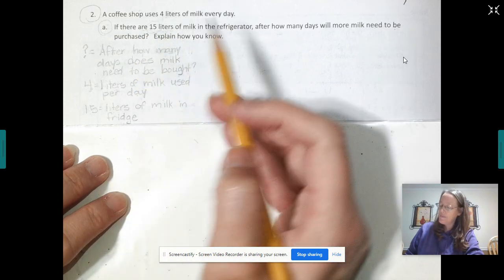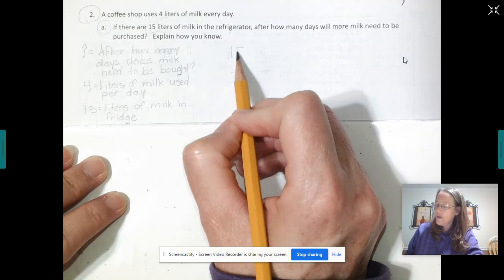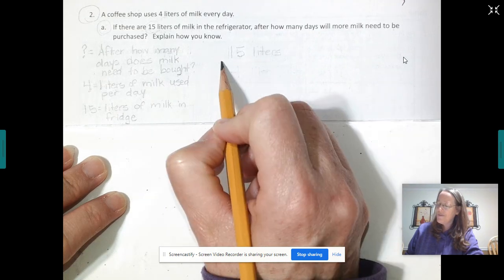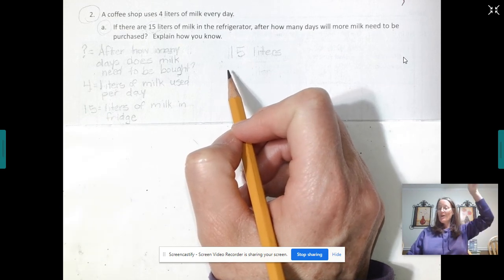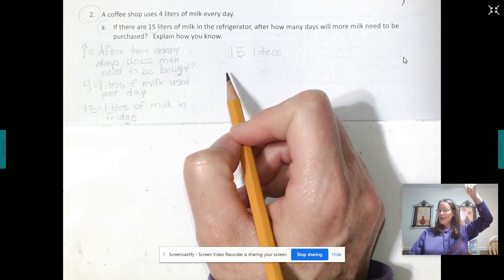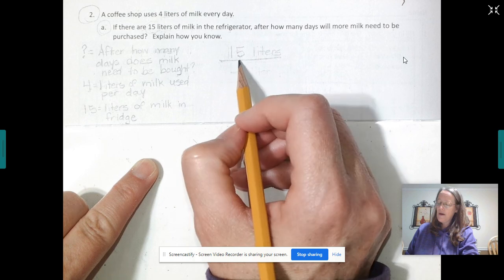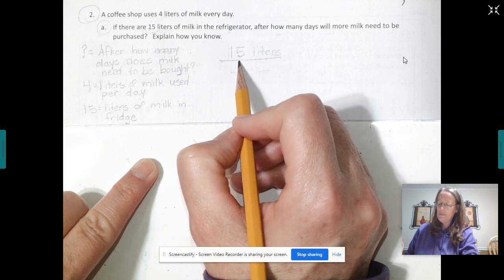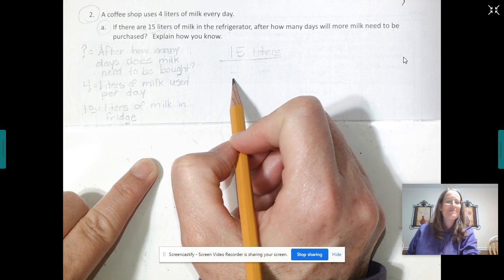I am splitting up these 15 liters of milk, and I know from our lesson that whatever is being split is our numerator, and whatever I'm dividing by is my denominator.